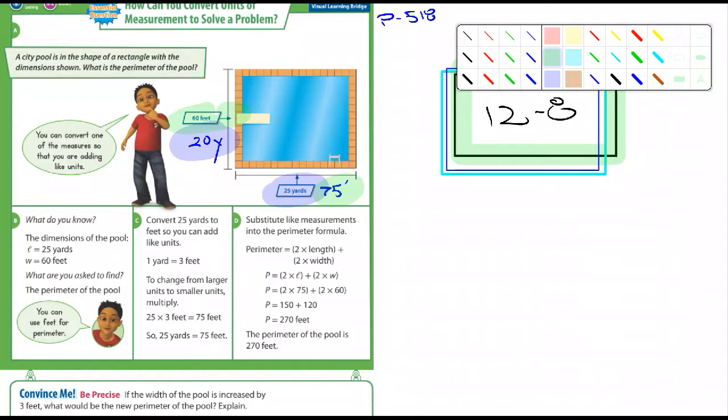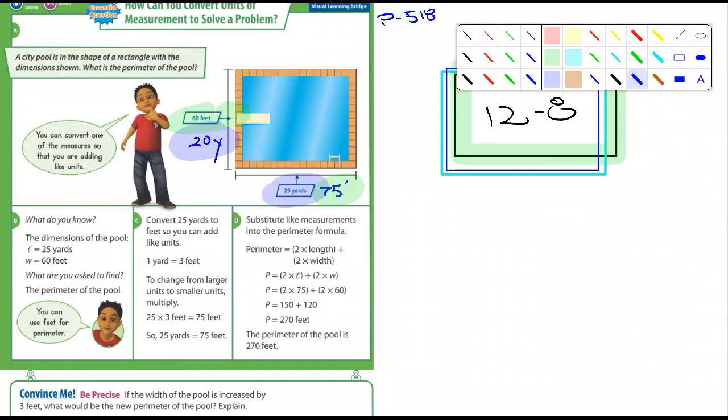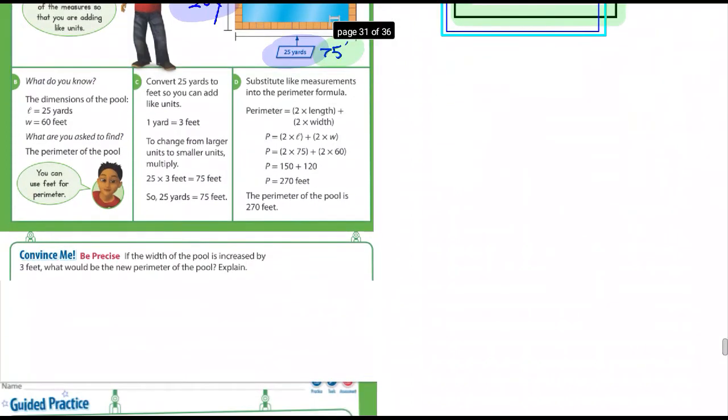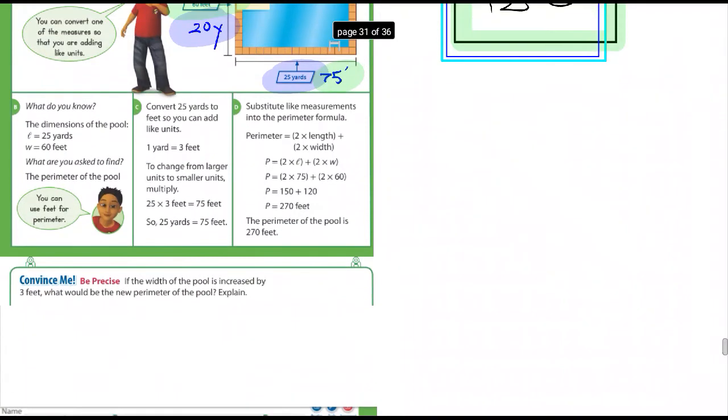That's all you're doing. So they talk about that in the steps here, and you guys can look those over if that would be a help to you. I do want you to answer the convince me, because the convince me says, if the width of the pool is increased by 3 feet, what would the new perimeter be?